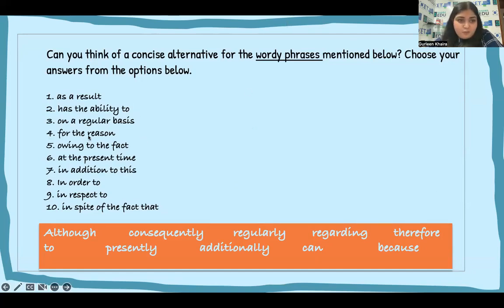Okay, fourth one. For the reason or for this reason. For this reason, therefore. Very good, Jaspir. Owing to the fact.